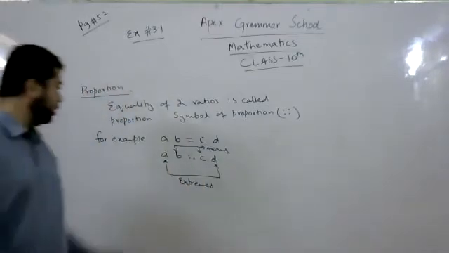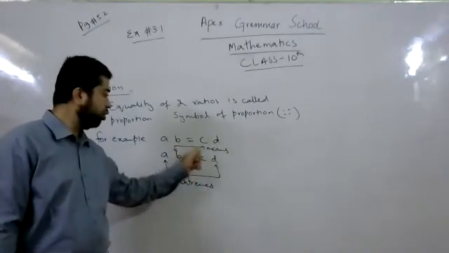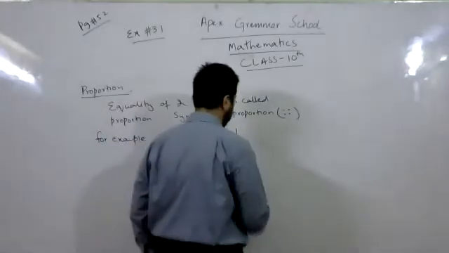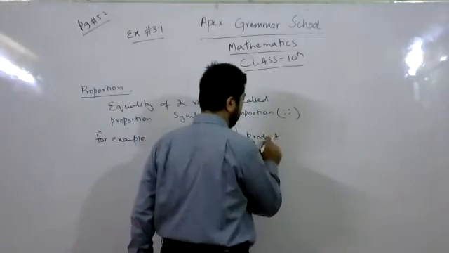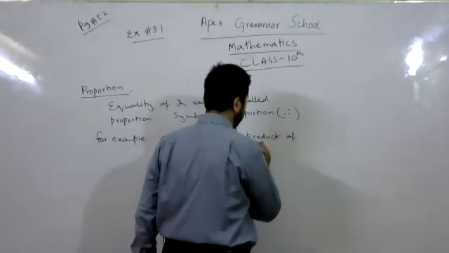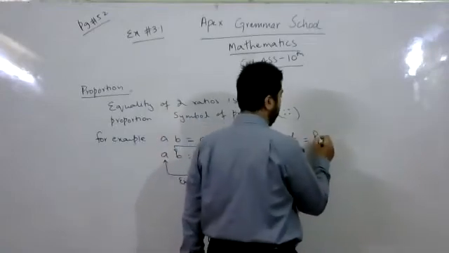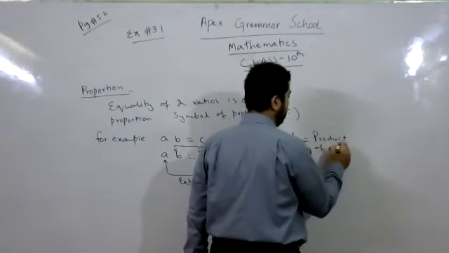So the product of the extreme values will be equal to the product of the mean values. Product means multiplication. Product of means is equal to product of extremes.